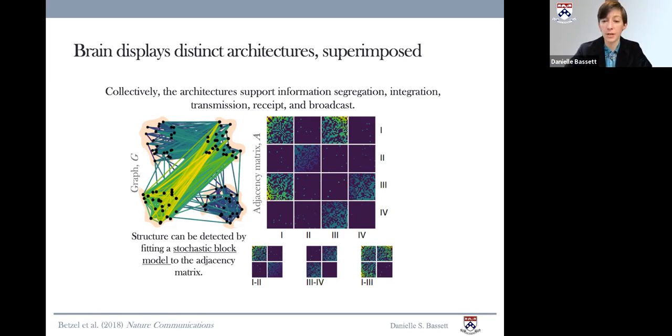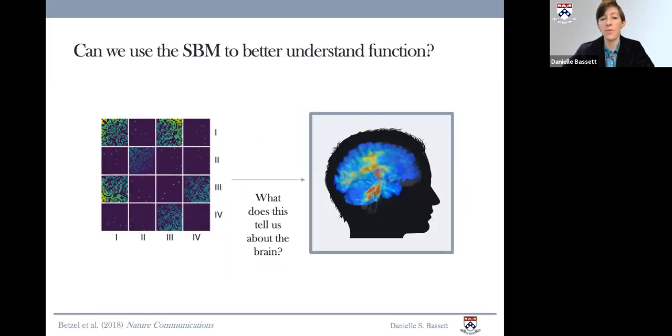And so that helps us to determine where modules are, where periphery regions are, where bipartite structures are. If we apply the weighted stochastic block model to actual data, we can determine where the boundaries are. And then we can ask questions about what those boundaries help us to understand.